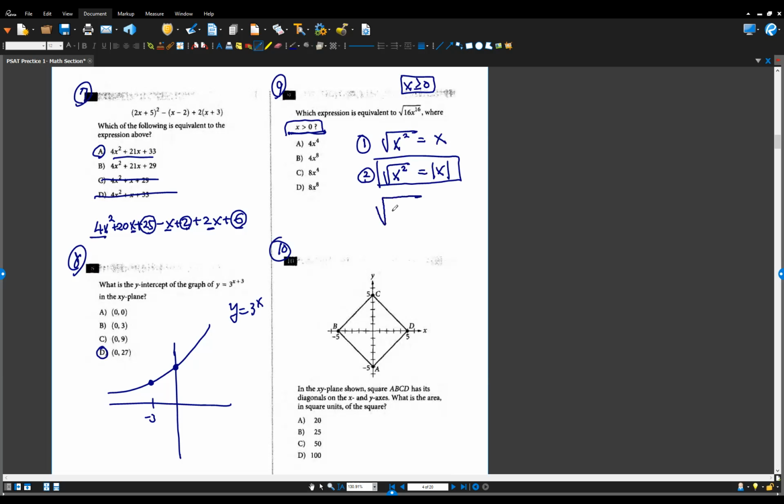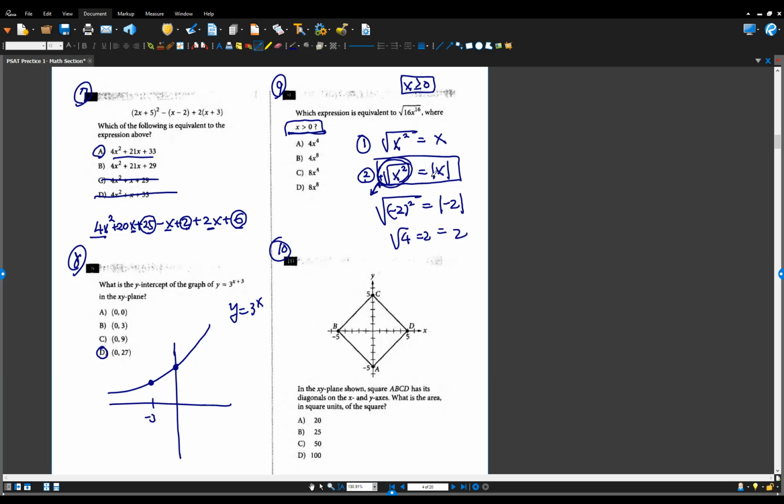Square root of negative 2 squared, minus 2 over here. This one is the absolute value of 2. They are equal. Actually, negative 2 squared is a positive 4. That is a 2, isn't it? Because this is a positive principal square root.